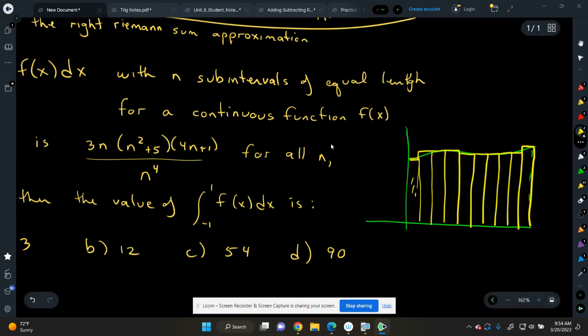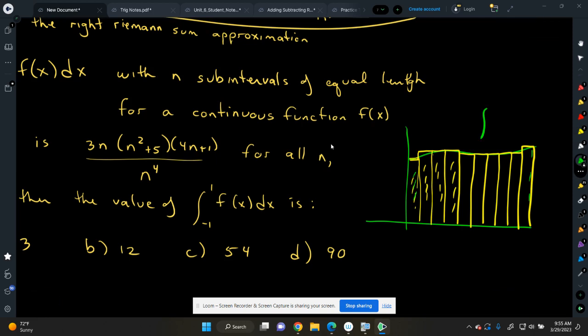We take the area of each one and we add them together. What does that ultimately give us? The area under the curve, which is an approximation of the integral, right?